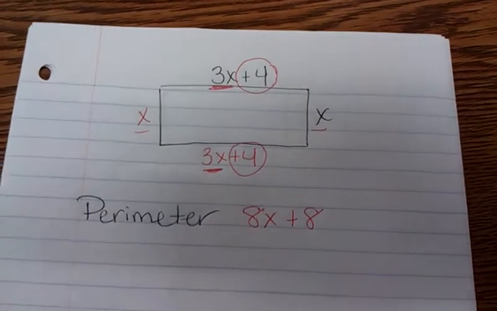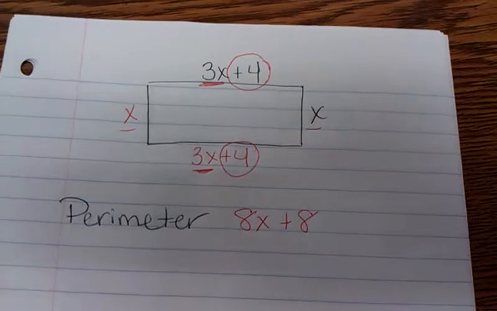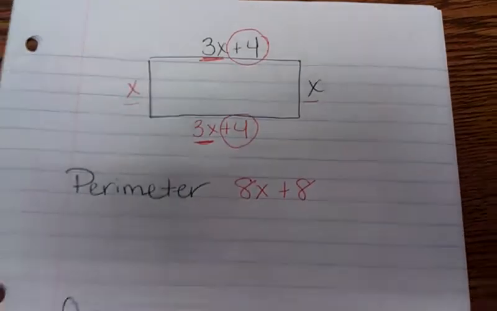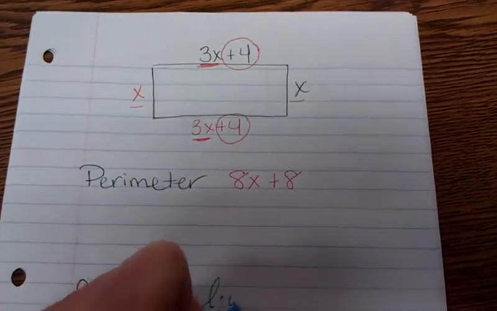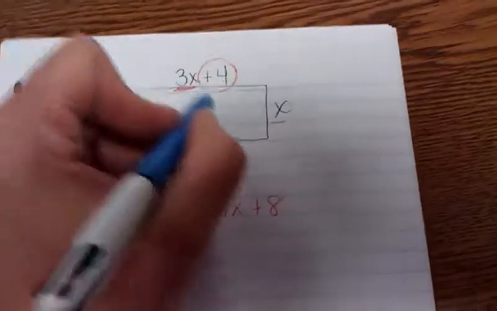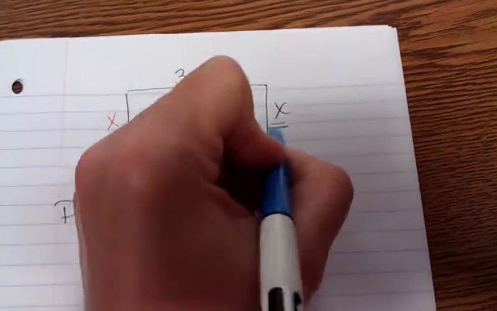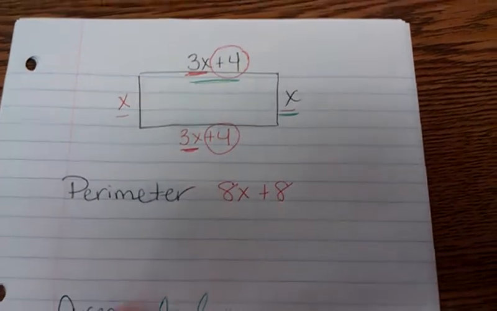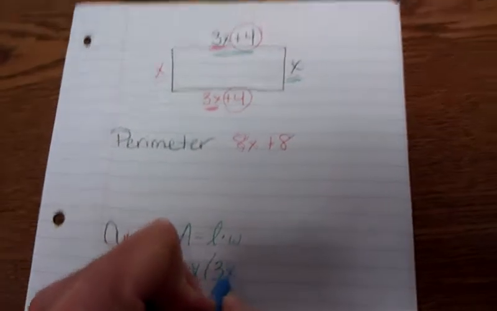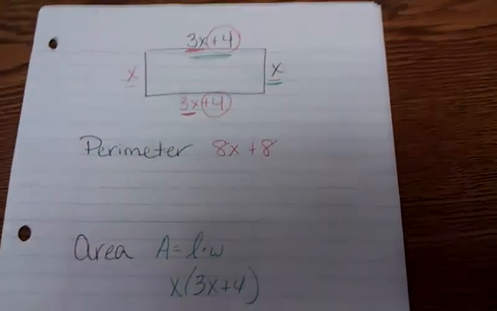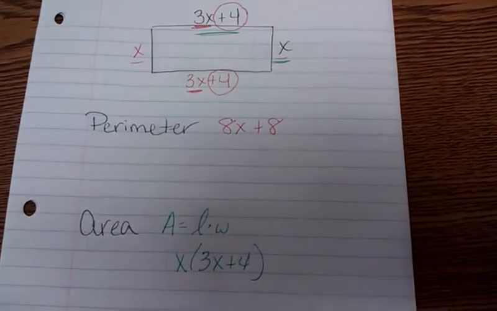Next we need to find the area. Pause the video and find the area. Area of a rectangle is length times width. Well, if we look up here, I've got this 3x plus 4 and x. So I'm going to have x times 3x plus 4 to find the area.